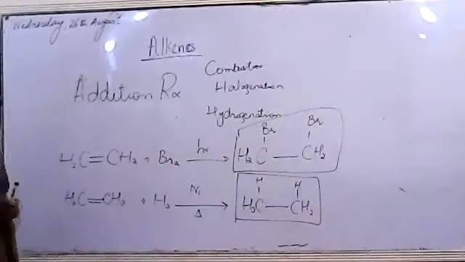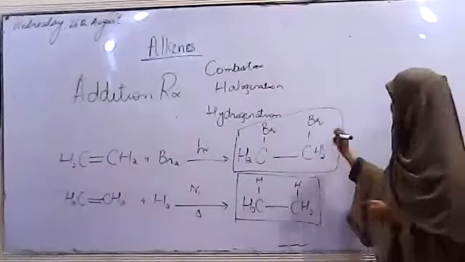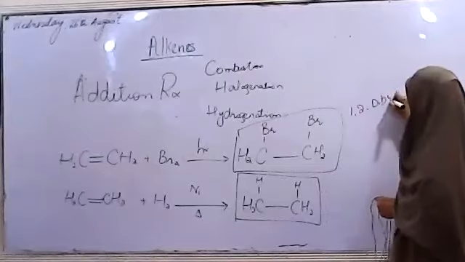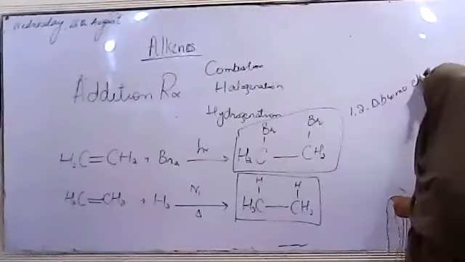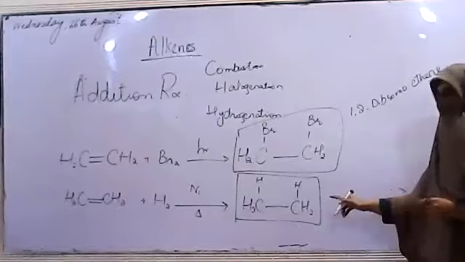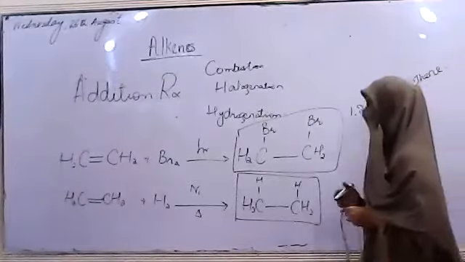Now the confusion was in the naming. Students were asking, ma'am, you named it as 1,2-dibromoethene, right? But why do you not use the name ethene but ethane over here? Now remember one thing.